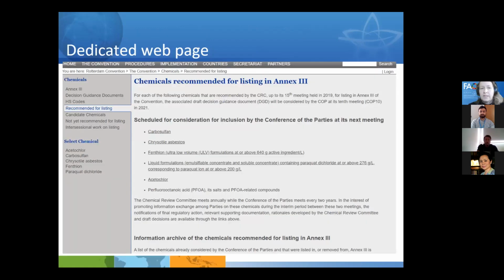This is the dedicated web page, so you can click on the individual chemicals, and then you find all the information I just mentioned.